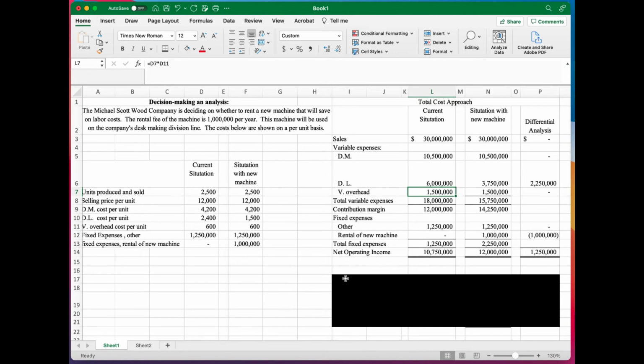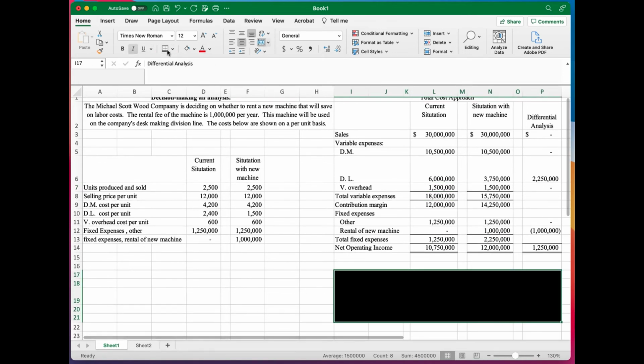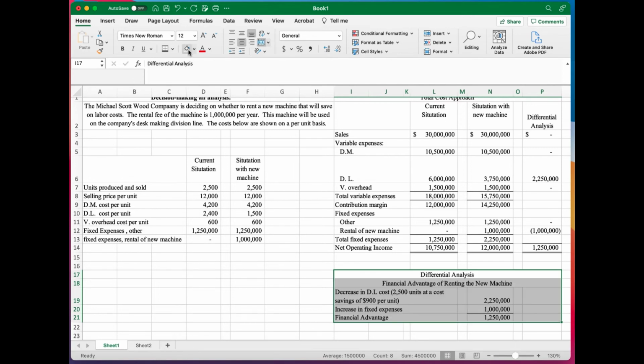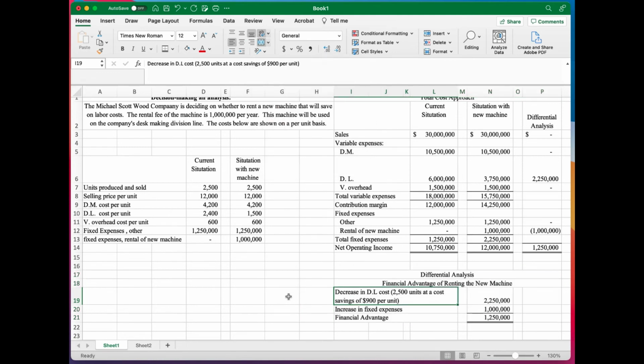Now, let's look at differential analysis. Remember, we're just focusing on the difference, right? The first thing I need to do is identify what is a relevant benefit. Well, there's a decrease in my direct labor cost, okay?